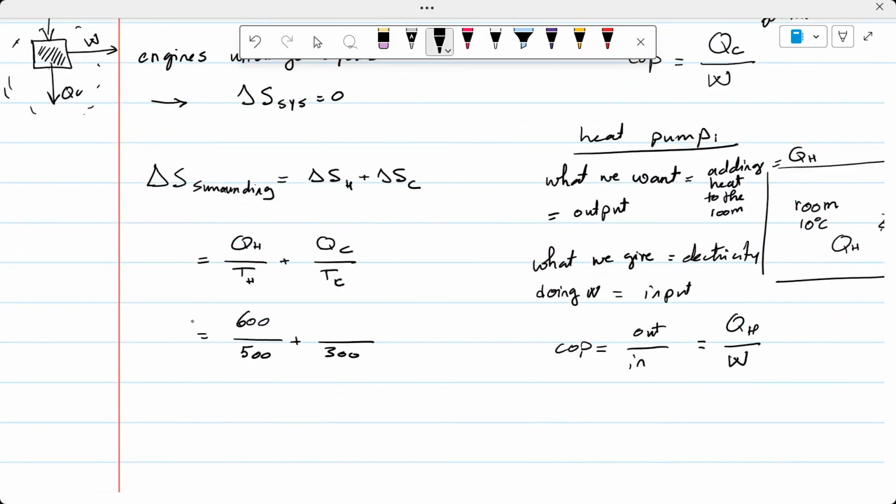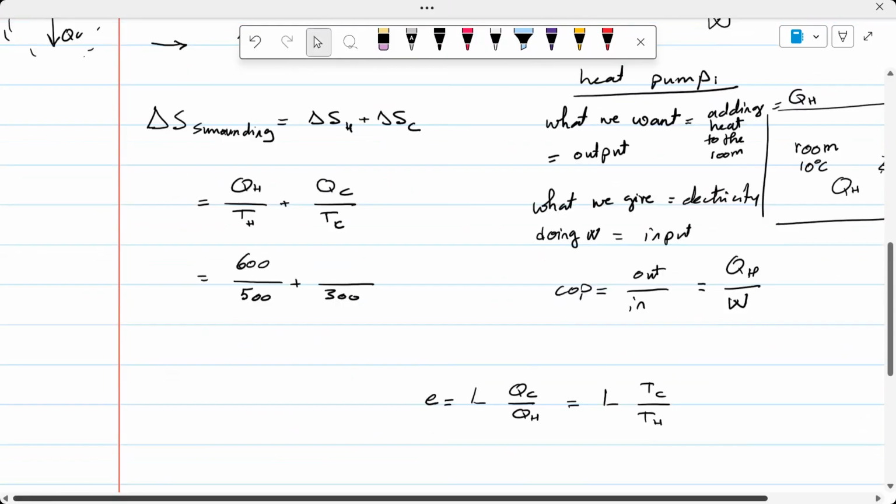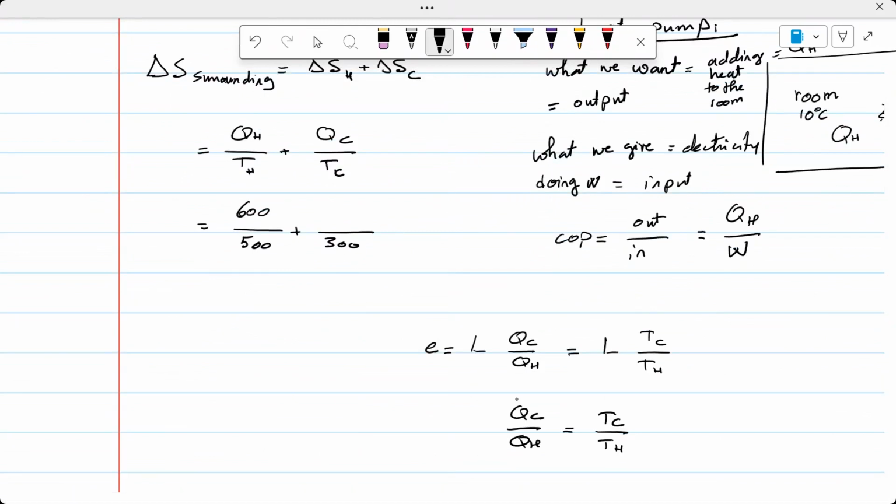We get the efficiency, and then, excellent. What I will do is write down the efficiency formula. The efficiency, its general formula is 1 minus QC over QH. But for a Carnot engine, it can also be written as 1 minus TC over TH, which tells me that QC over QH equals TC over TH. And then I can also calculate QC because I have everything else.